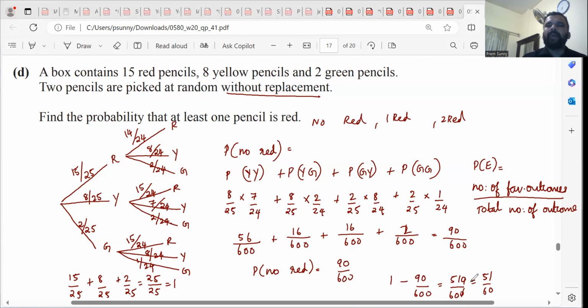So at least one pencil red means it can be either one red or two red, but it should not be no red. So first we will find the probability of no red. There are four conditions, and we add them all up to get the probability of no red. Now what we need is at least one red, so from 1 you subtract probability of no red, and you will get the answer as 51 over 60.